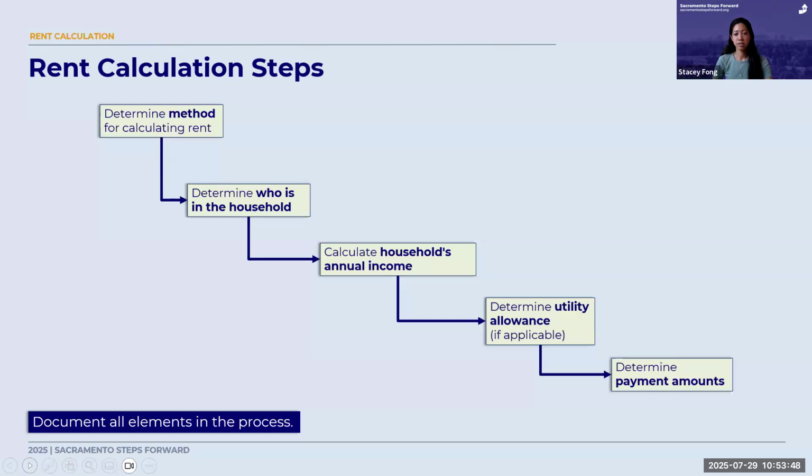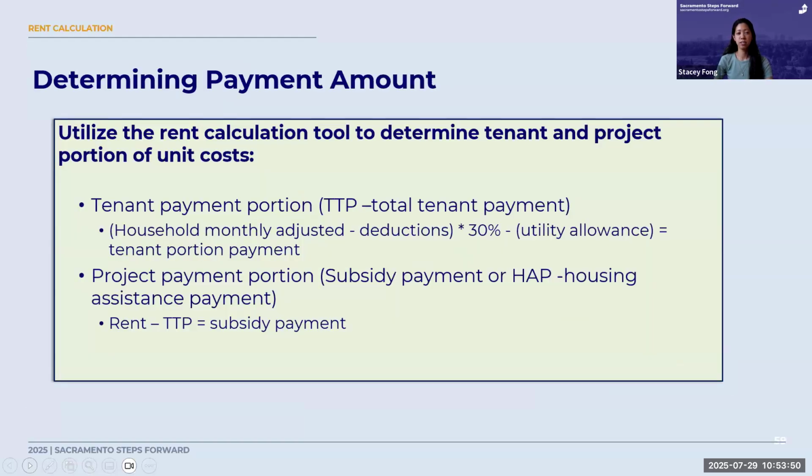Next slide, please. So to wrap everything up, utilizing the rent calculation tool is required, but it also will help in determining the tenant and project portion of unit costs because it will auto sum everything for you.